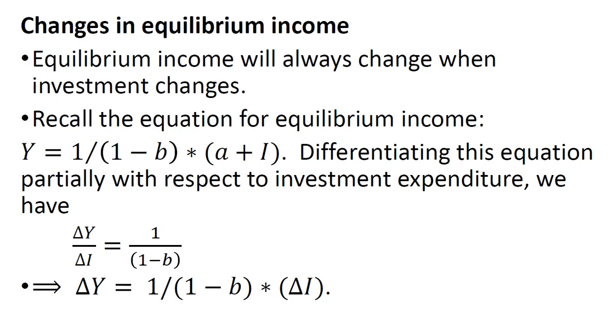And if you make change in Y the subject, that is how much equivalent national income will change when investment changes. You have the last equation there, which is change in Y is equal to, that symbol simply means change, or delta Y. So delta Y is equal to 1 over 1 minus B, the multiplier, times change in I.